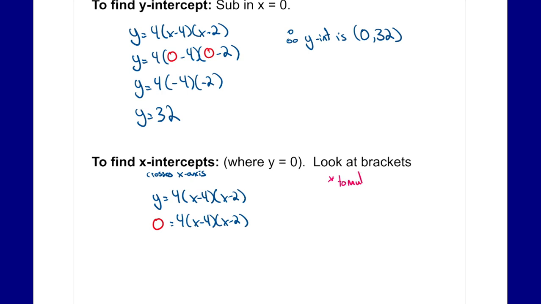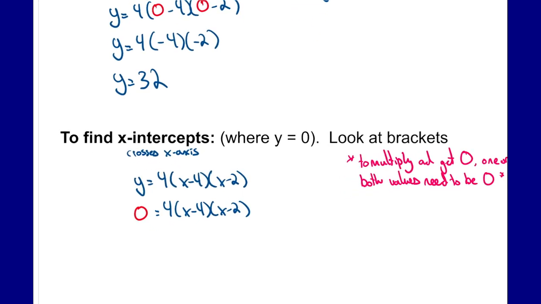So to multiply and get 0, one or both values need to be 0. Looking at this expression, 4 is 4. It can't be anything else, it's explicit.